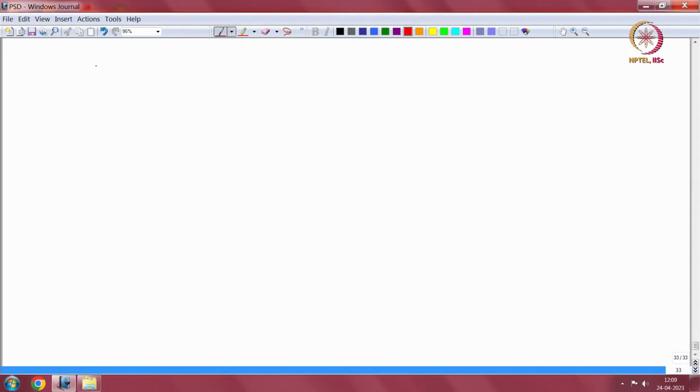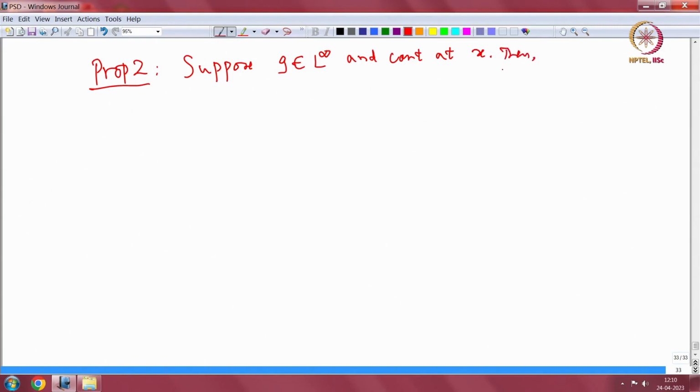So, second proposition. Okay. So, suppose g is a bounded function and continuous at x, then again the same limit: the limit of g star psi lambda of x is g of x.